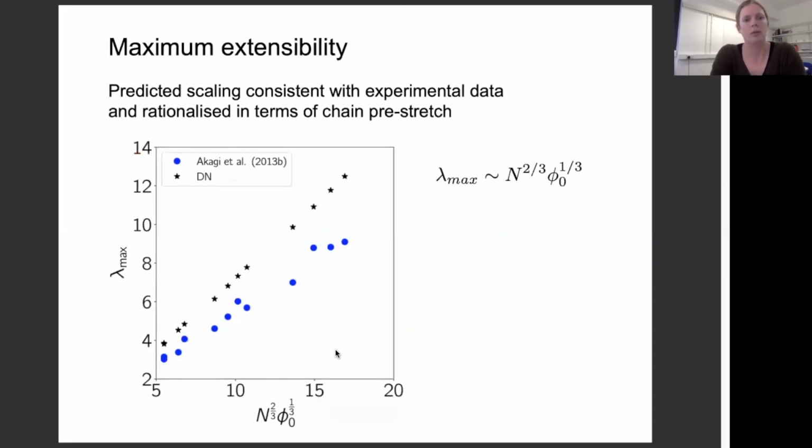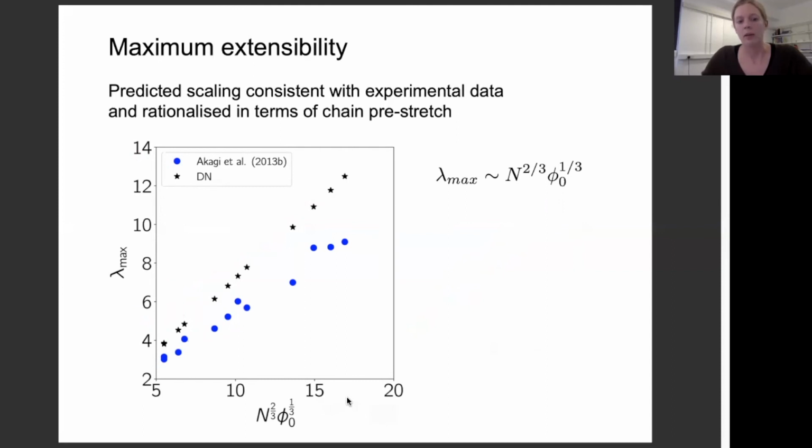We looked also at the maximum extensibility. There are not so many reports out there that report the extensibility of gels, which is probably linked to the fact that it's quite difficult experimentally to stretch these very soft materials up to very large deformation. But at least we found one report that reported the maximum extensibility as a function of volume fraction and molecular weight.